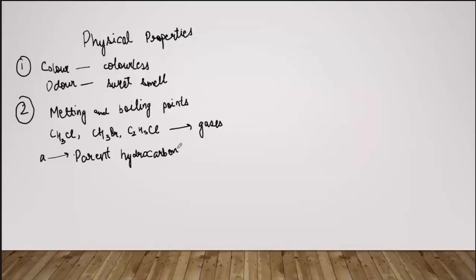What is dipole-dipole interaction? Let me tell you. When we discuss that the C-X bond has polarity, that means the carbon has a partial positive charge and the halogen has a partial negative charge.